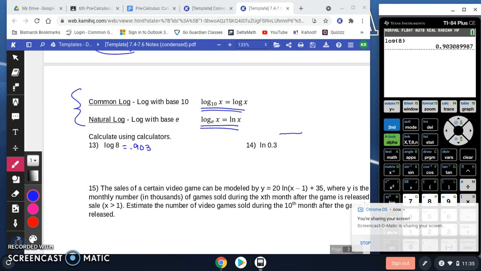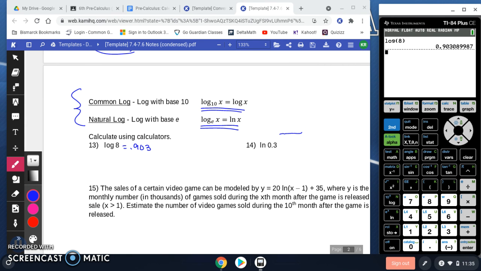Okay, on your calculator, you can type in log of 8, which is about 0.903. So keep in mind what this is in relation. This log 8, remember what we just talked about? If there's no base written there, that means log base 10. So this is the common log base 10.